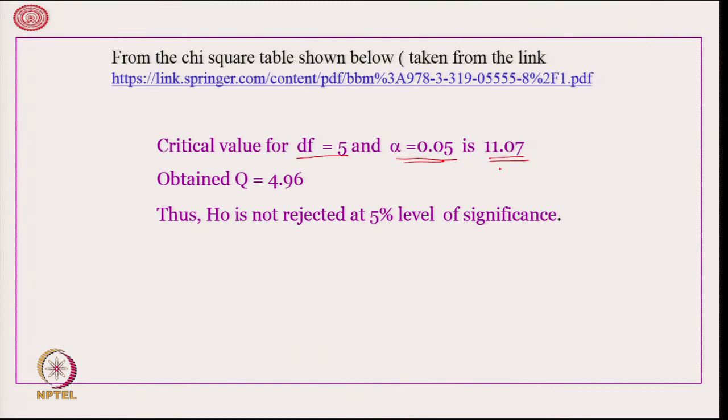The obtained value is 4.96. Therefore, we cannot reject at 5% level of significance. Therefore, we can accept the hypothesis at 5% level of significance.